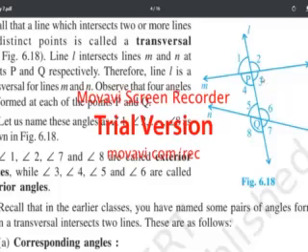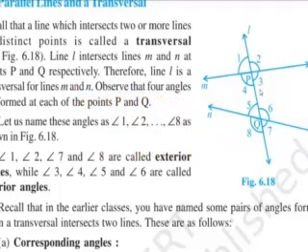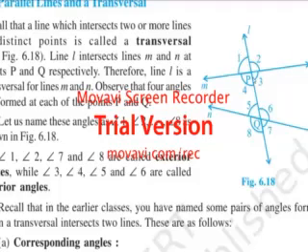Just opposite of that, 3 and 5 are also alternate interior angles. In the same way, alternate exterior angles are on alternate sides and exterior. So you can see 2 over here and 8 over here, so it is alternate exterior. In the same way, 1 and 7 are alternate exterior.